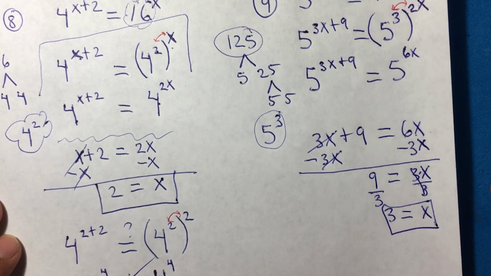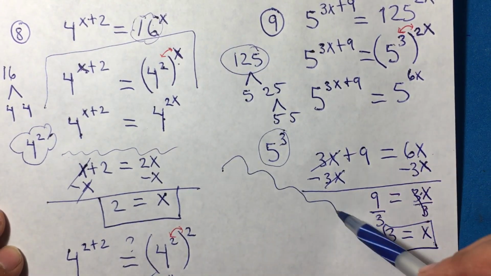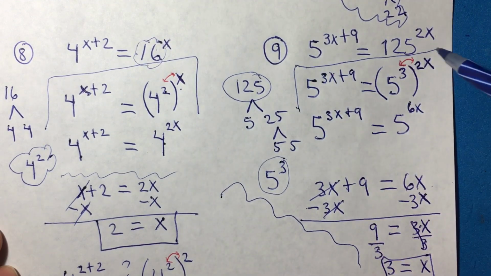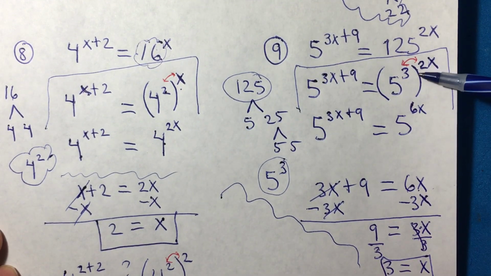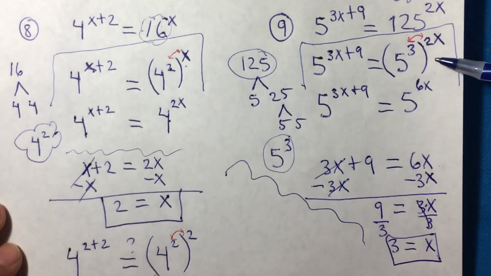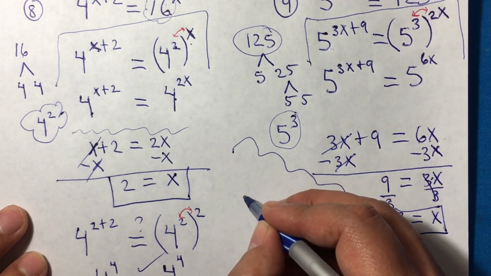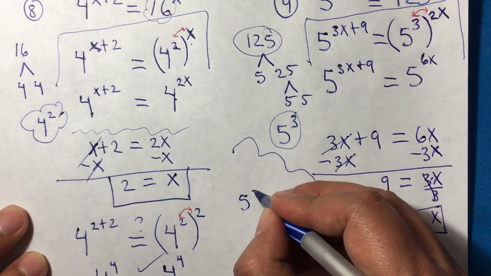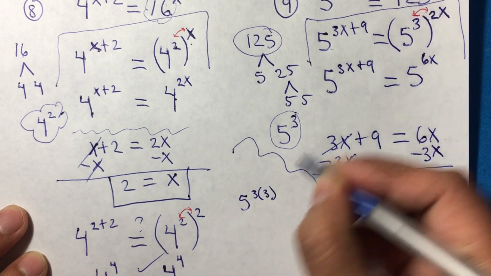Now I'm going to check with this one right here. Again, it'll check right to this one, but hopefully you did the right step going from here to here, okay? Okay, so it's going to be 5 to the power of 3 times x, which is 3 plus 9.